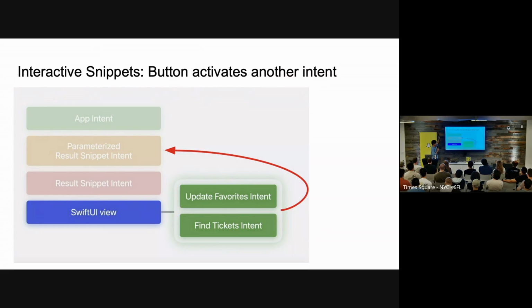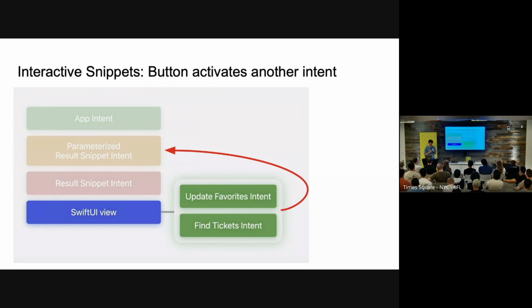Define an app intent, have it return a snippet intent, have the snippet intent return a SwiftUI view where all of its buttons activate a different intent that does the core logic, before finally the system automatically performs your snippet intent's perform method again.